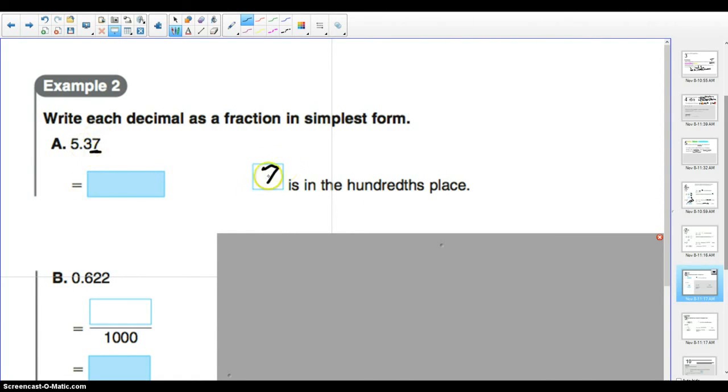So that tells us that the hundredths place, our denominator is going to be 100. So the place tells us the denominator. And the numbers after the decimal are the numerator.